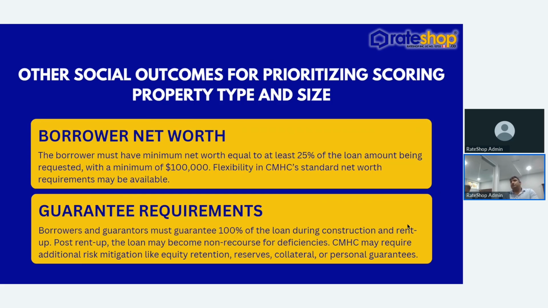Guarantee requirements: borrowers and guarantors must 100% guarantee the loan, which means it's going to be a personal guarantee. Post rent up, the loan may become non-recourse for deficiencies. CMHC may require additional risk mitigation like equity retention reserves, collaterals or personal guarantees.